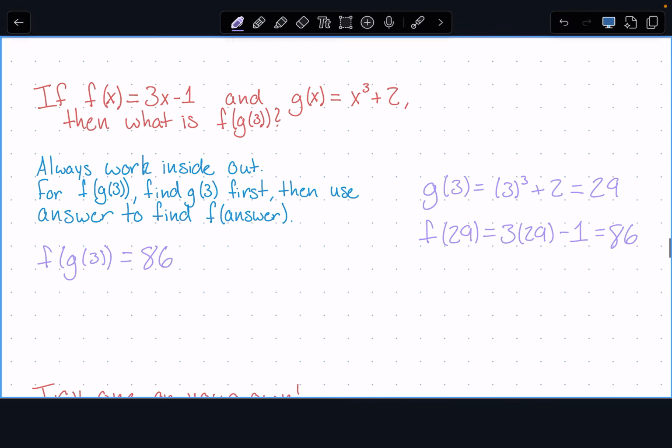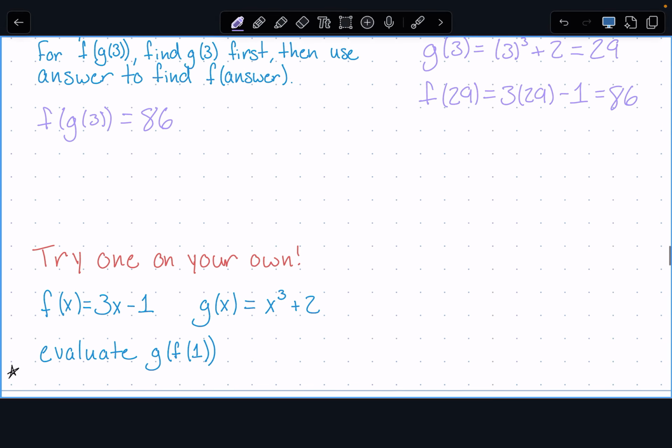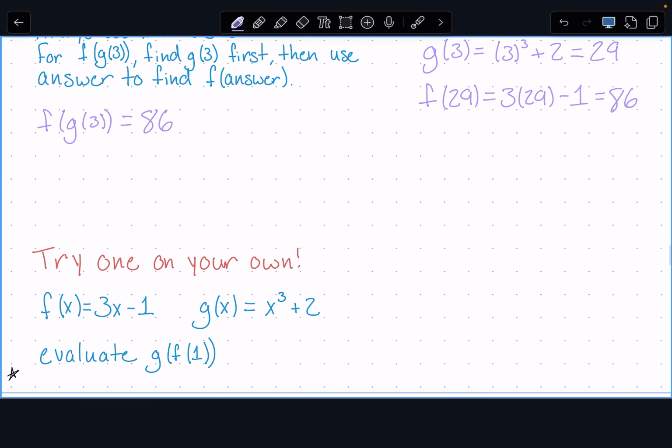All right, I will have you do one on your own. This says f of x is 3x minus 1, g of x is x cubed plus 2, which is the exact same functions we just did, except now it wants us to evaluate g of f of 1.